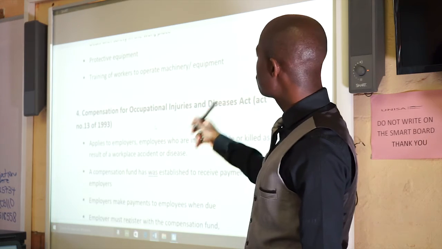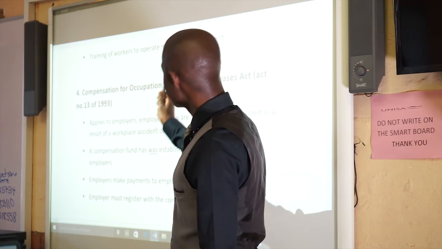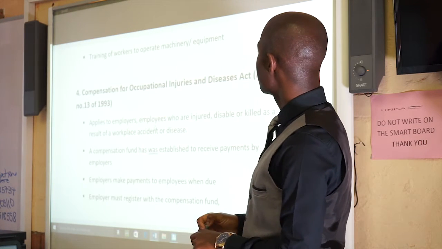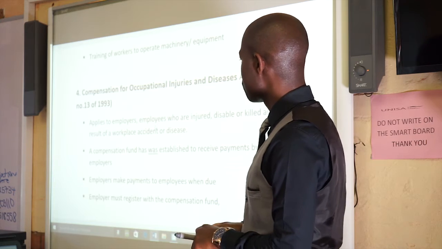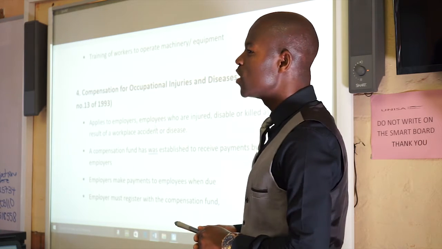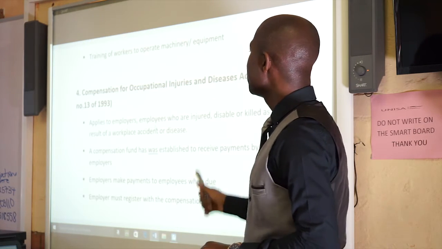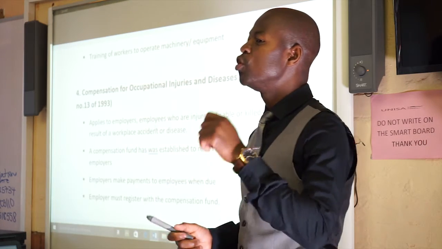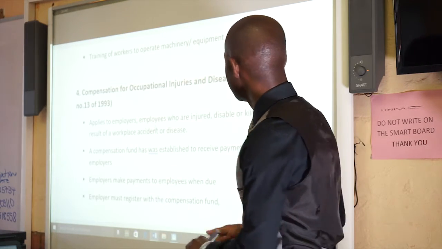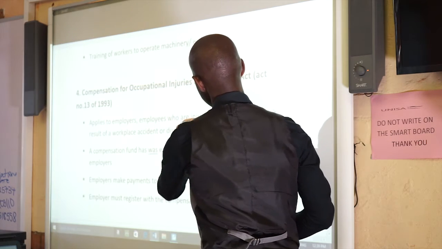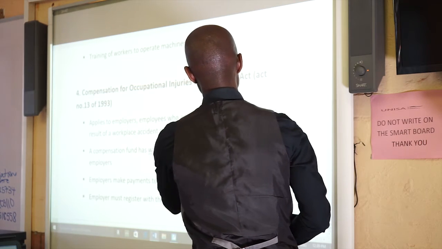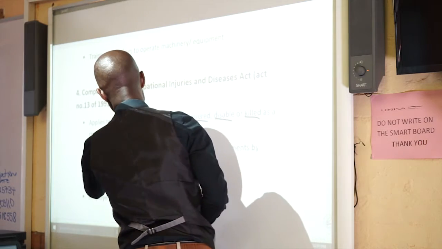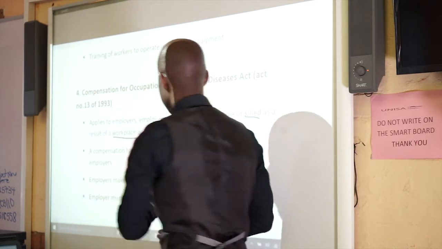So if it says you are not trained for that, then this act now comes in, which is the Compensation for Occupational Injuries and Diseases Act. Now, what does this one deal with? It applies to employers and employees who are injured whilst on duty. That is to say, maybe they are injured, or they are disabled, or they are killed as a result of a workplace accident or disease.